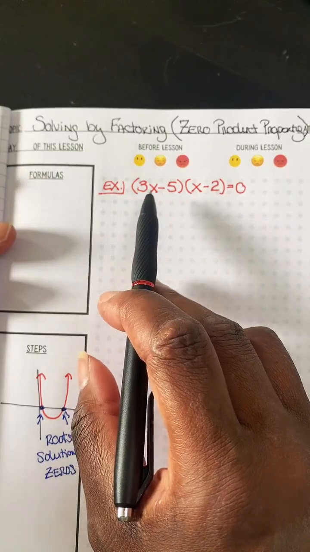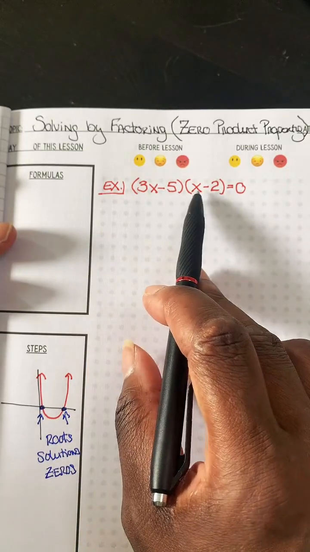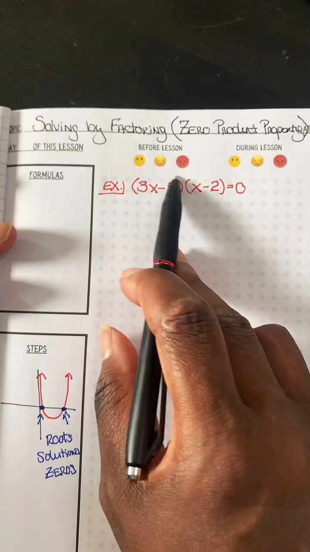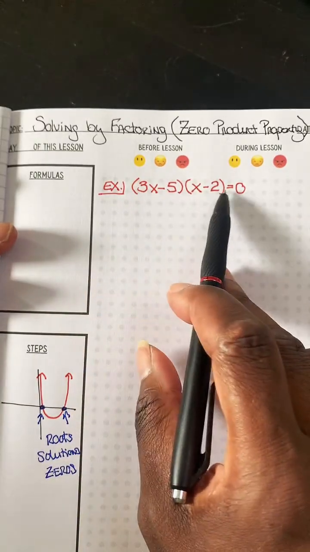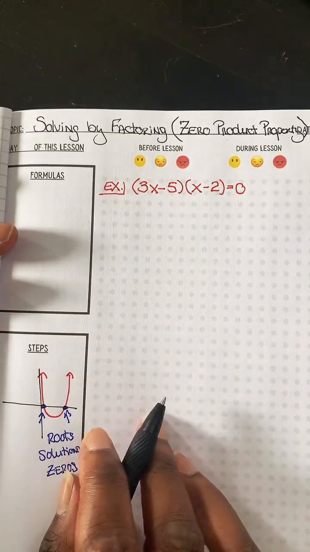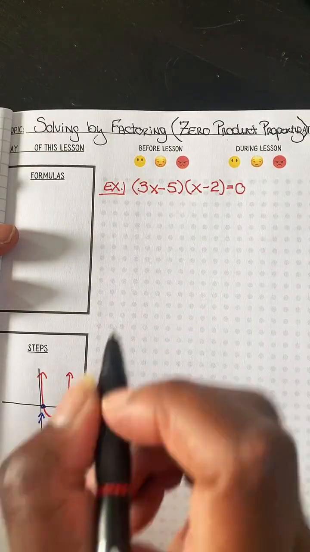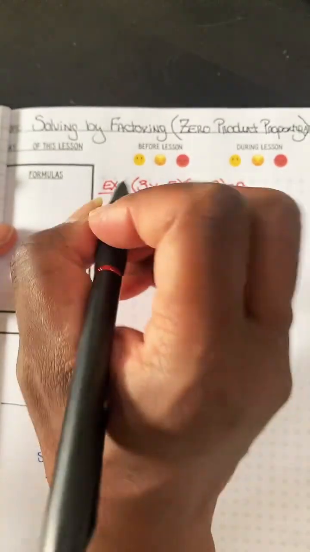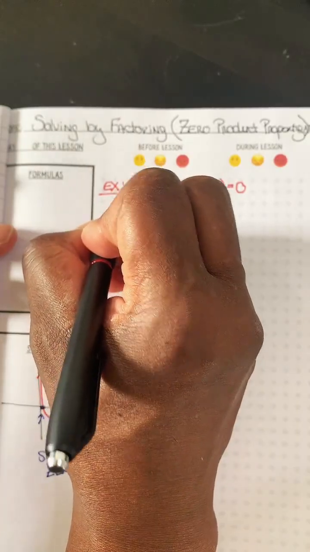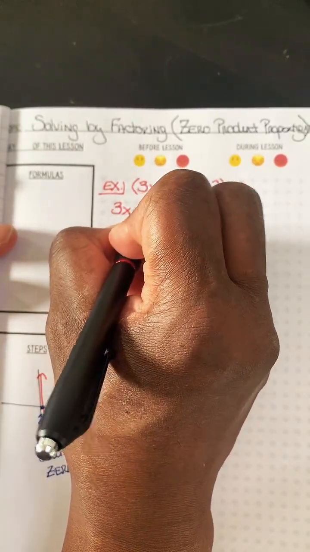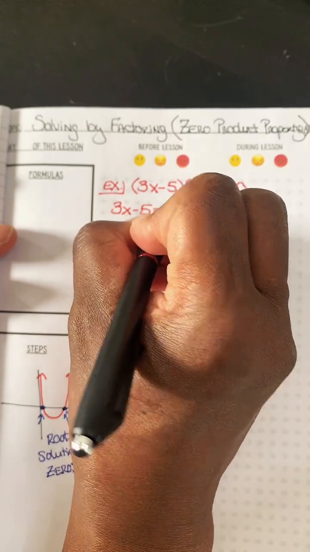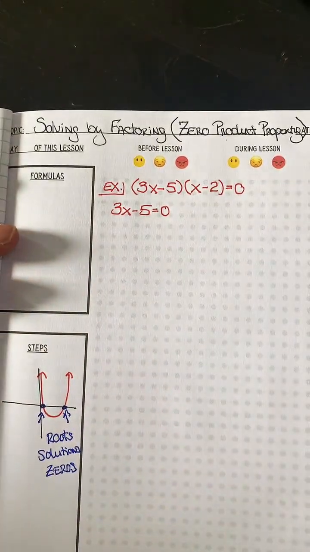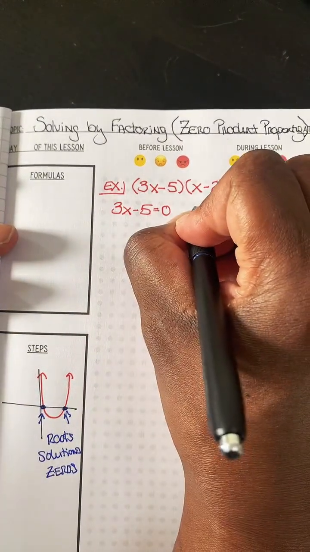So we want to know what values of x will make either this parenthesis or this parenthesis equal 0. So the only way we can do that is to set each of those parentheses equal to 0. Just switch them up so you can see it better.